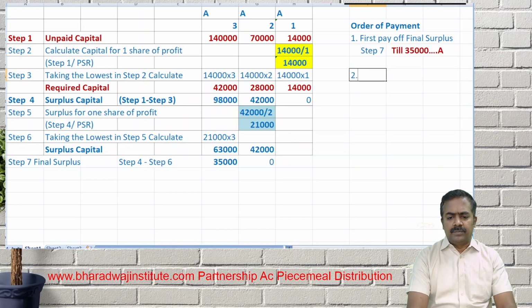Next, number 2: next pay off surplus capital, the next level surplus in step 6.